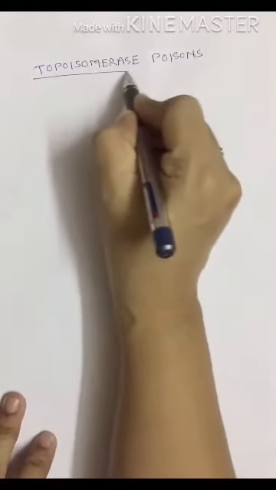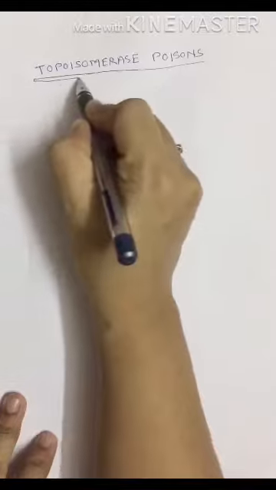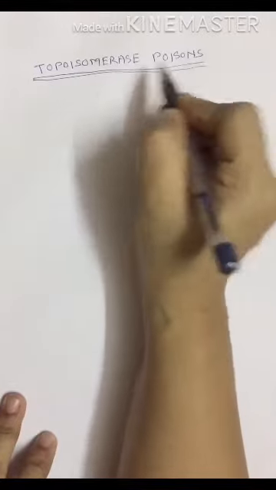Before starting with this class of drug, we should know what topoisomerases are. Topoisomerases are the enzymes that control the degree of supercoiling in DNA and maintain the structure during DNA replication and transcription to RNA.